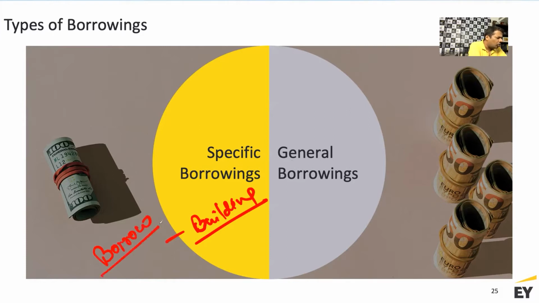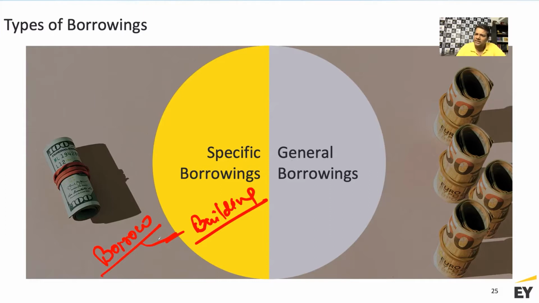If you borrowed money from a bank which is very specific, identified, and attributable to the construction of this building, then this type of loan is called specific borrowing.